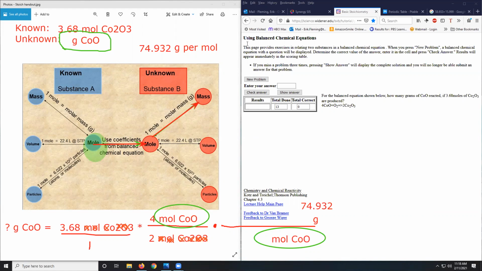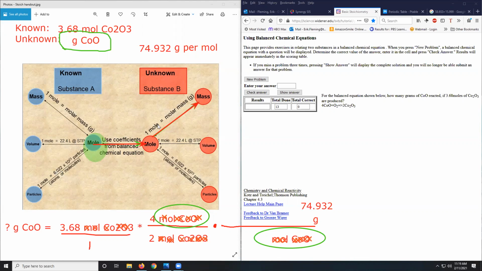Then my moles can cancel out. So those can go goodbye. And all of this is going to say the grams of CoO, which, if you look at the beginning, is what I wanted it to equal.